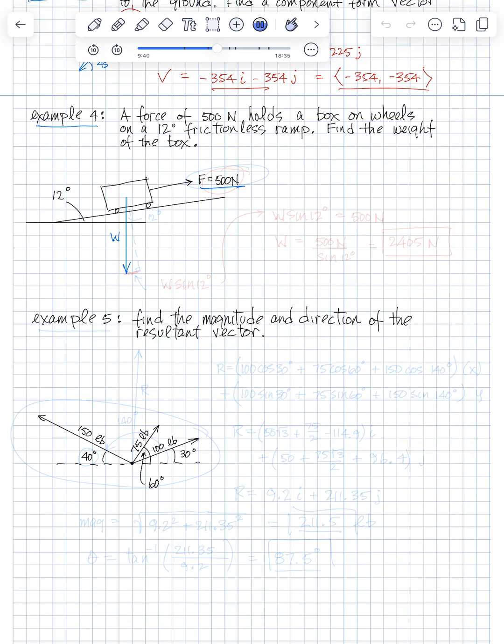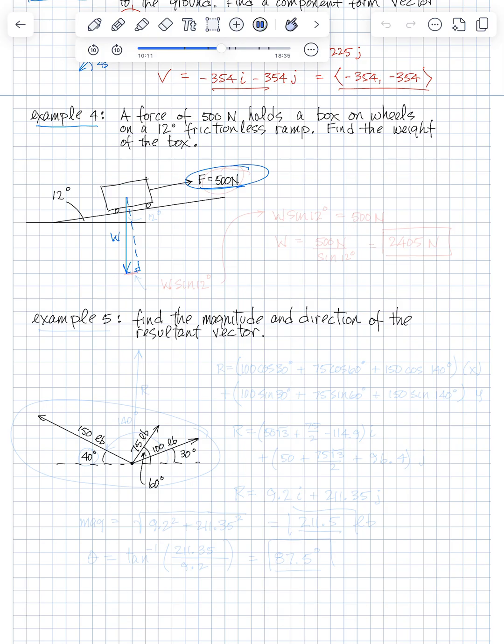So this is going to be perpendicular to the ramp. And so we draw a line that is perpendicular to the ramp. And then we draw another line that is parallel with the force. So here's our right triangle with W being the hypotenuse.